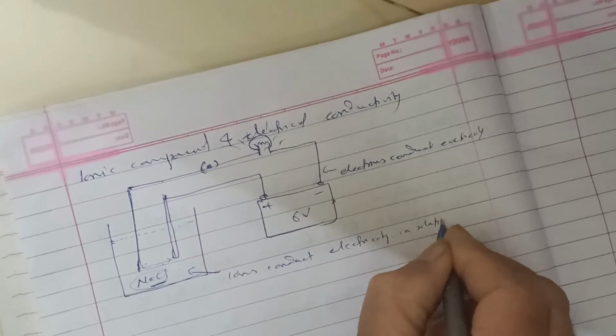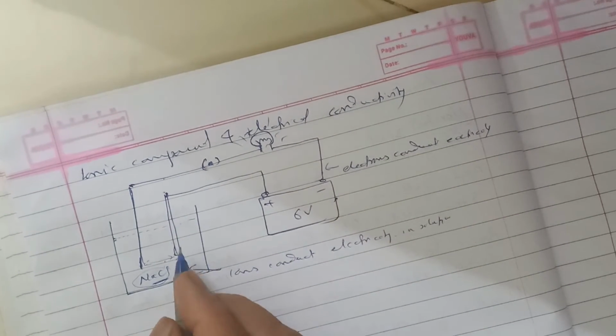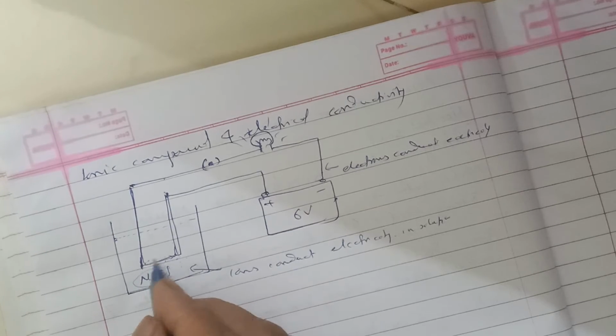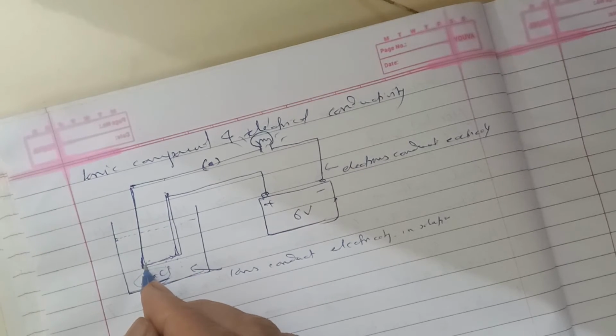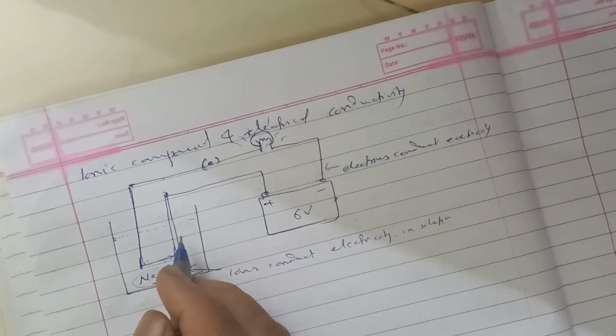In solution, ions are produced, and those ions conduct the electricity from one end to the other end. That will complete the electrical circuit.